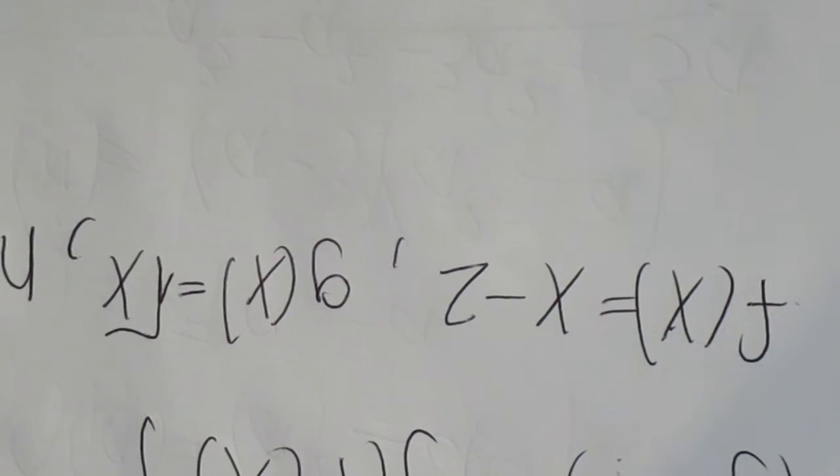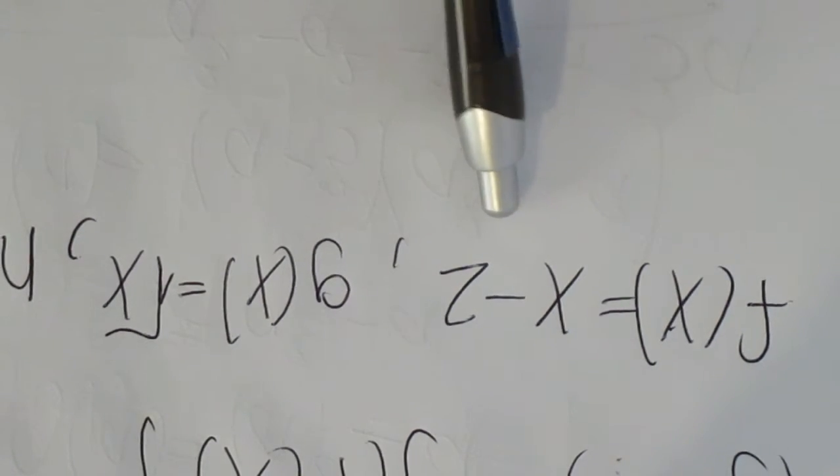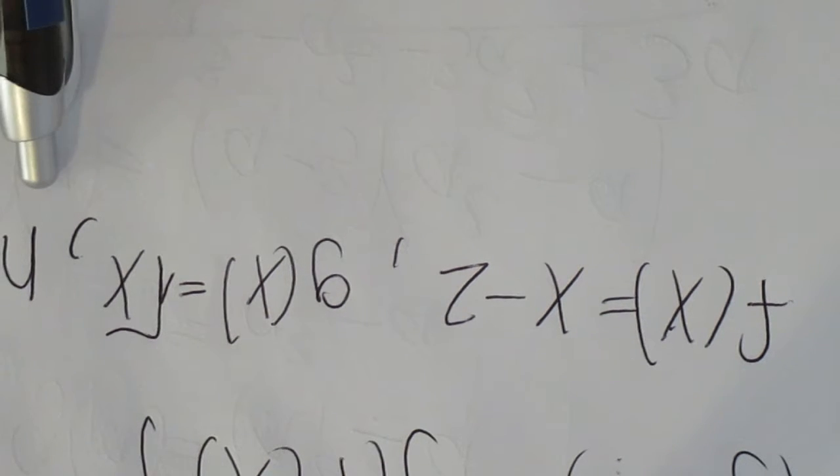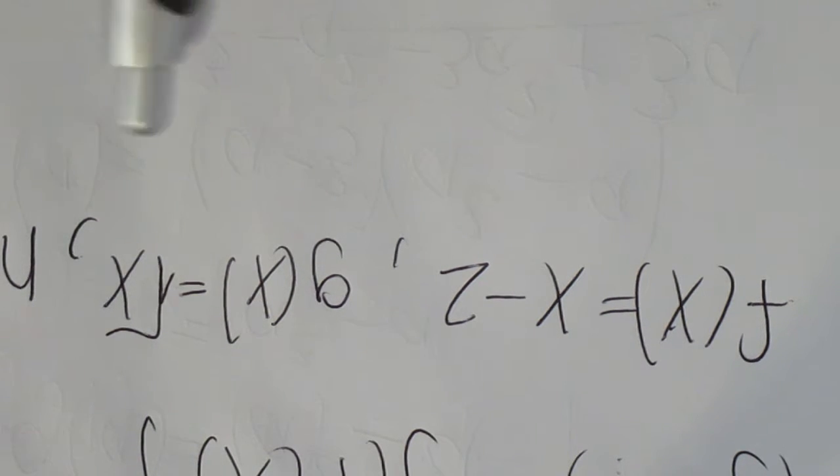So you have f of x equals x minus 2 and g of x equals square root of x, and then function h of x equals 1 over x.